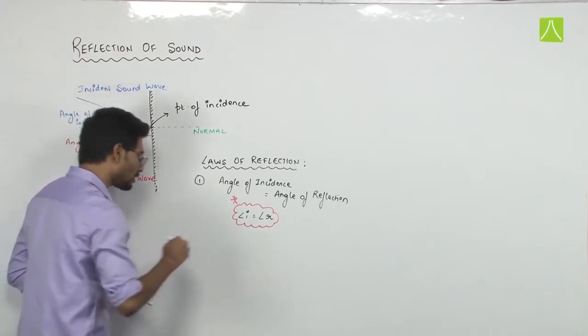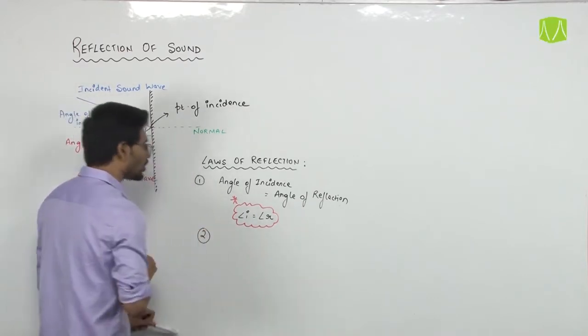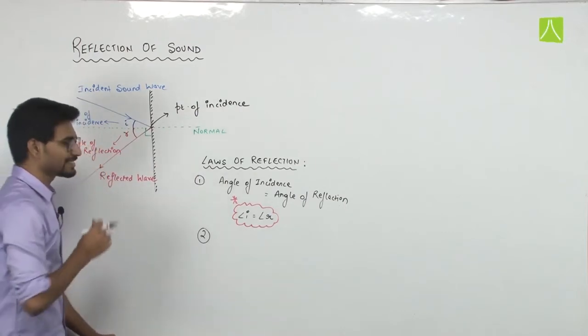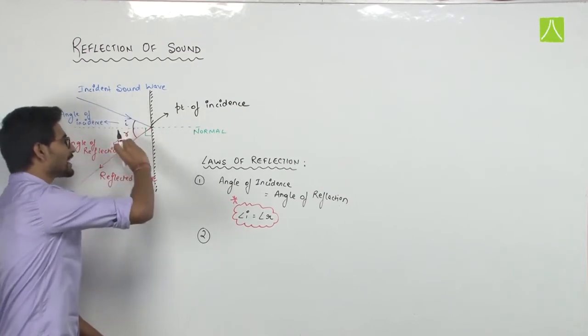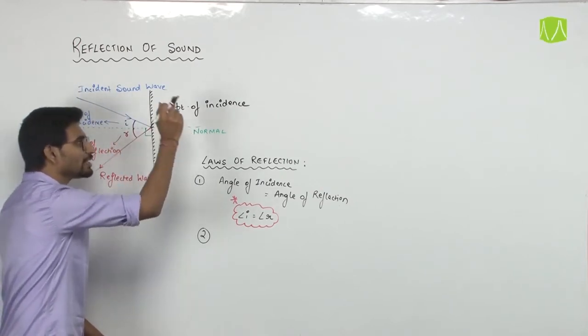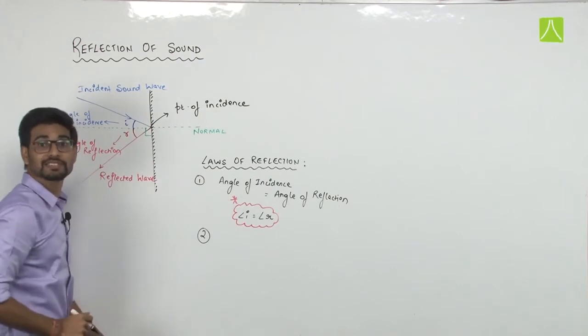Now moving to the second law. What is the second law of reflection? Let's see. The second law states that the incident wave, reflected wave and the normal at the point of incidence all lie in the same plane.